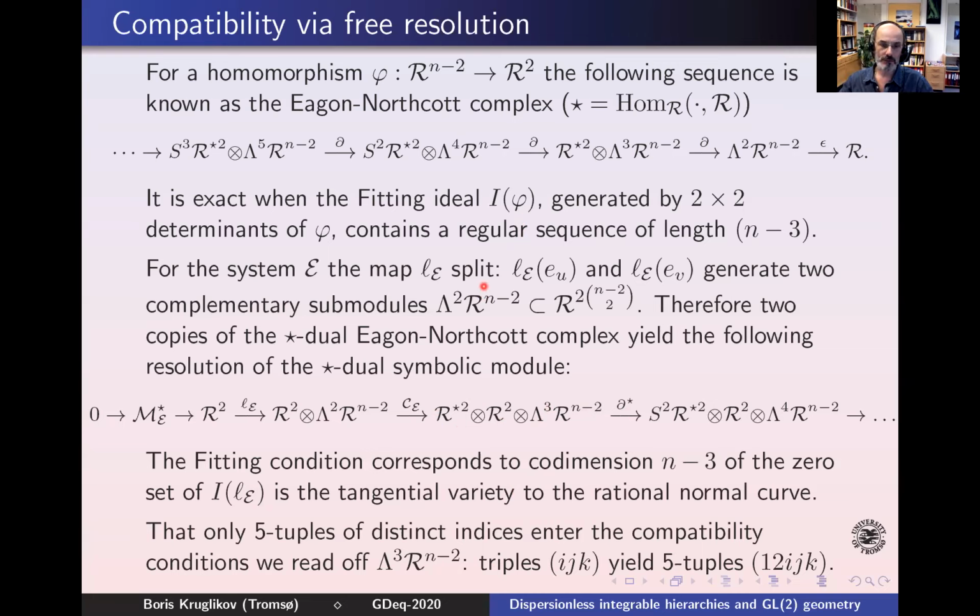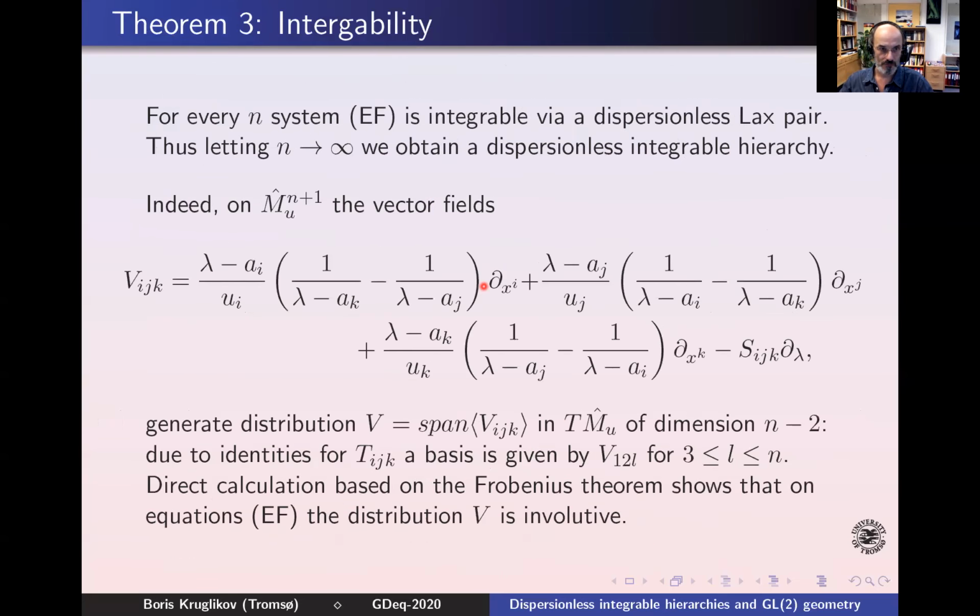That's theorem 2. Finally, there's theorem 3, which tells that the system EF, a determined system, is actually integrable through a dispersionless Lax representation. Sorry, it's not a pair; there are many vector fields.